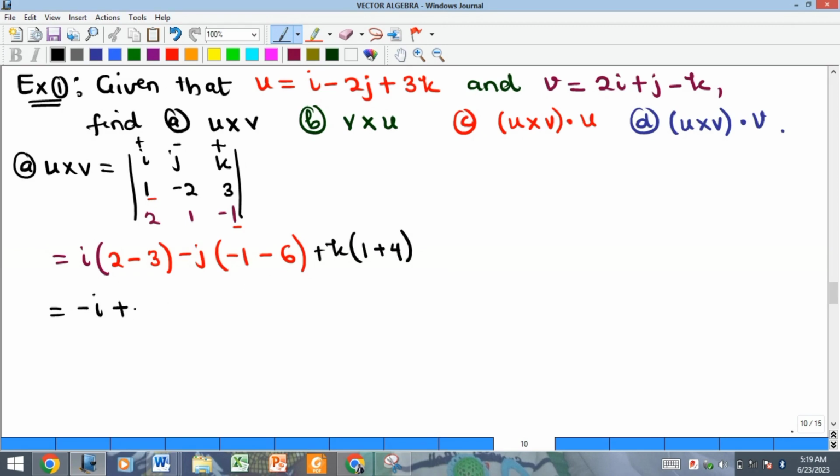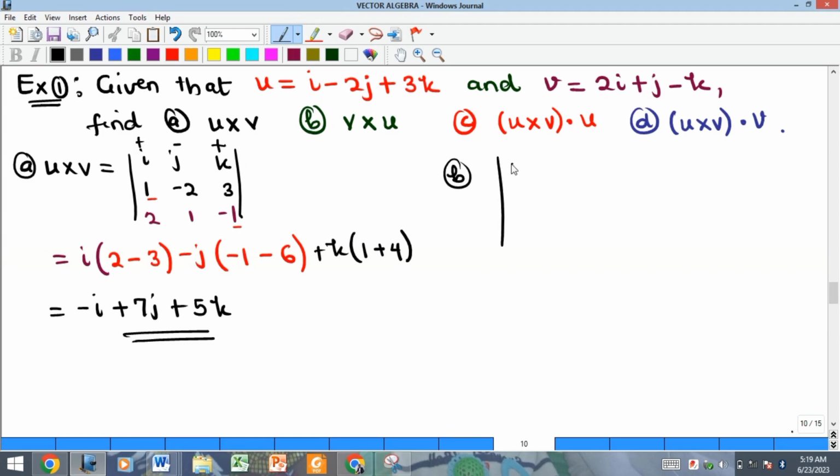Multiplying minus j will give us plus 7j. And then finally we will have plus 5k. So that's simply our cross product. And like we said, you already now have a vector as your solution for example A, which is a cross product. And then the next one, which is B, which is v cross u.